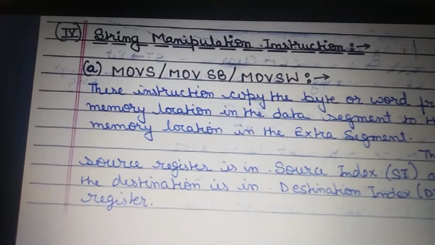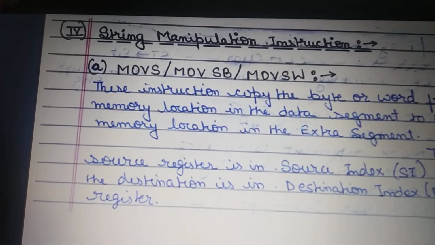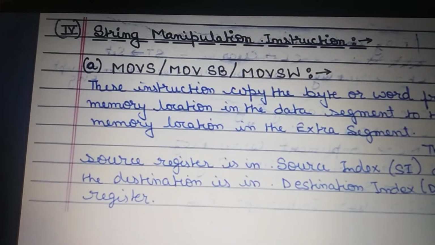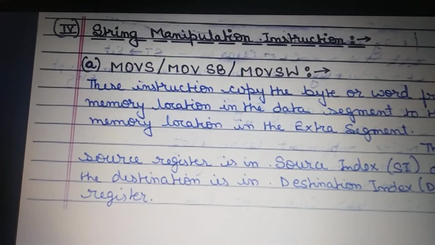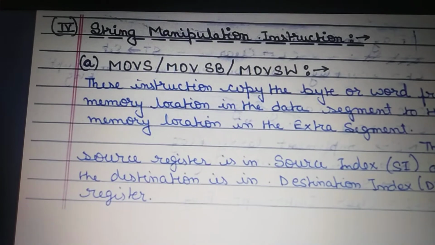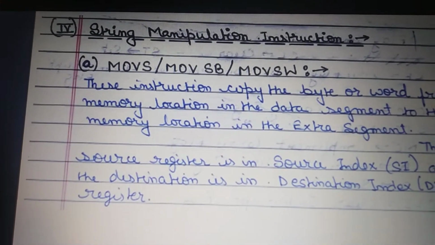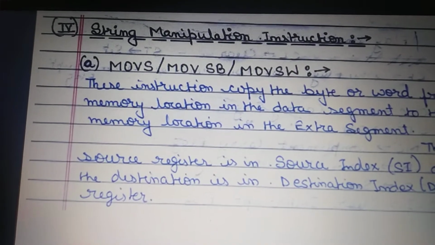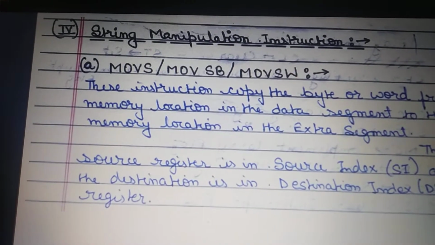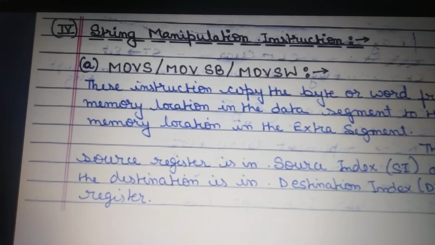The first category is MOVSB or MOVSW. Here, what is the meaning of MOVS? Here S represents string. In MOVSB, B is used for byte, and in MOVSW, W is used for word.